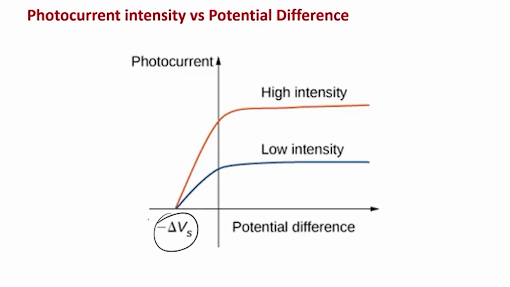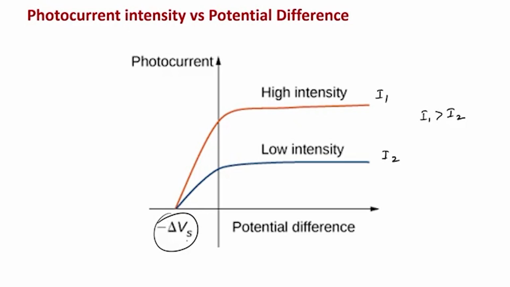So, if you make it negative enough, the photocurrent stops, and this is performed for, say, two intensities, I1 and I2, where I1 is greater than I2, and it has the same stopping voltage. Okay. So, this is one of the things of importance here.